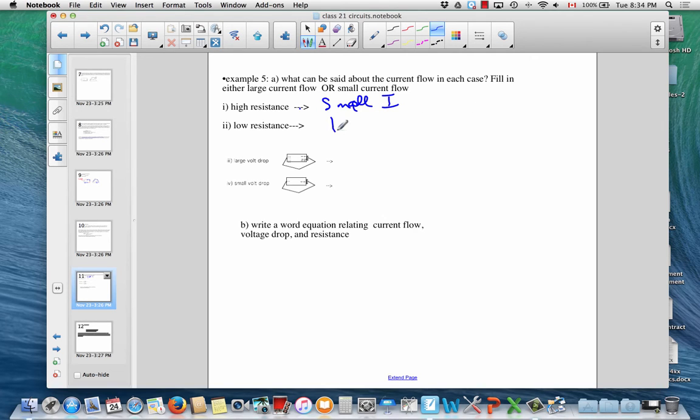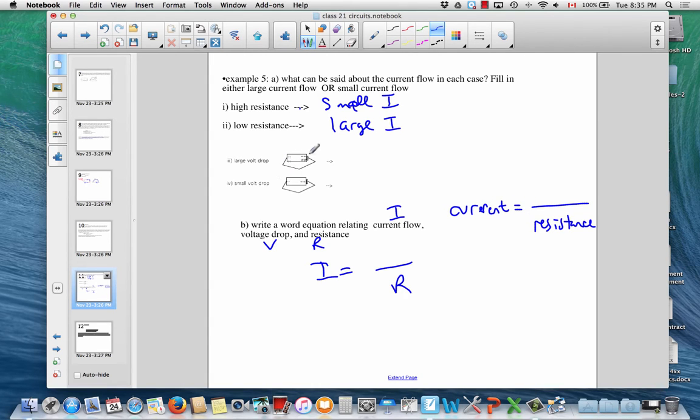If the resistance is less, there'll be a large flow. What that suggests is that current flow, I, varies inversely with resistance. Okay? It says write a word equation, so I better write a word equation. So there we go. When the resistance is big, the current flow is small. That's characteristic of inverse variation.